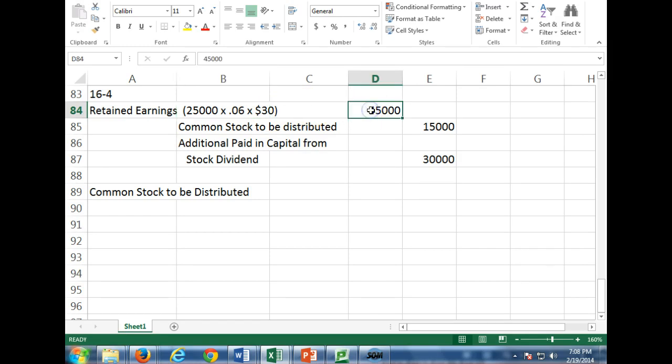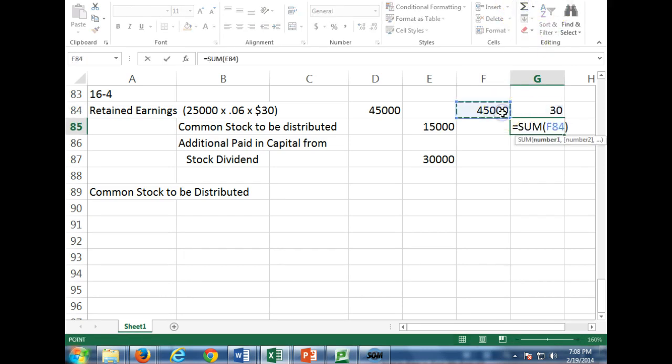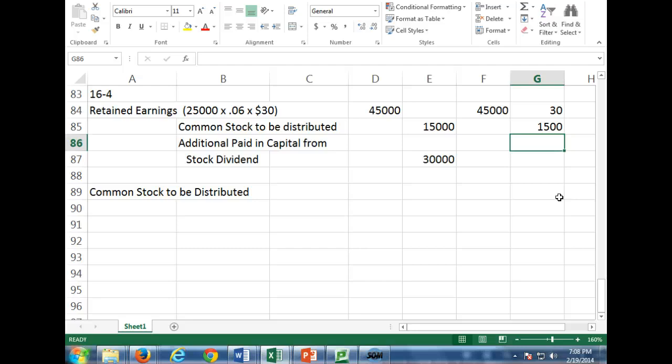So if we take $45,000 and we divide that by $30 a share, how many shares is that? 1,500 shares. But what is the par value? 10. Guys, it's really not tricky, but it can confuse you.